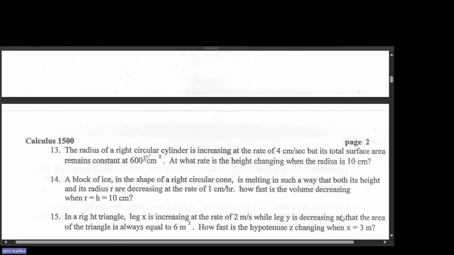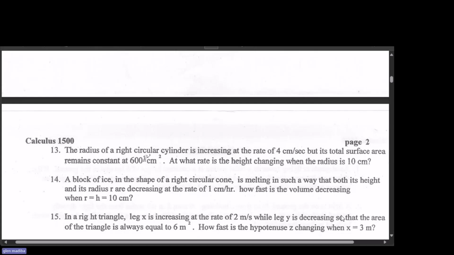Are we clear? Yes, sir. Then we have two variables here, xy equals 12. We have to differentiate xy equals 12 with respect to y, as well as with respect to x.